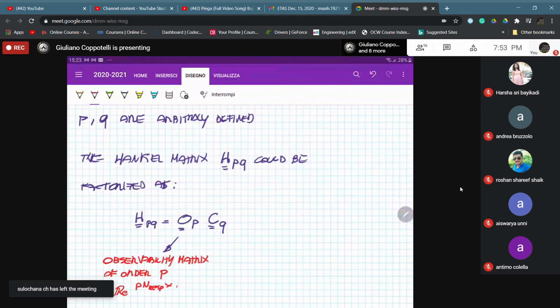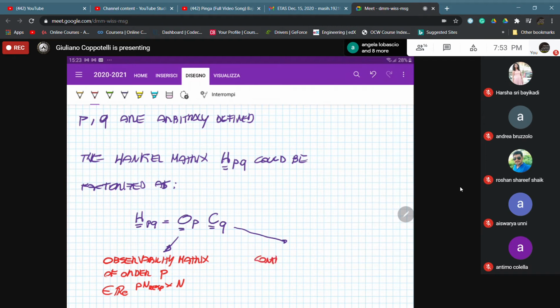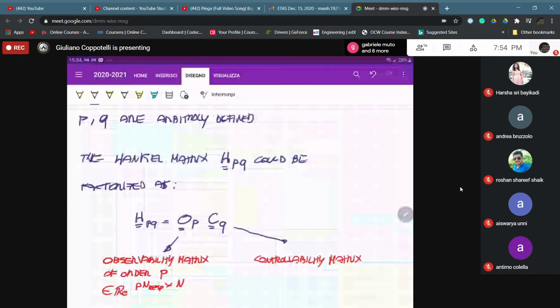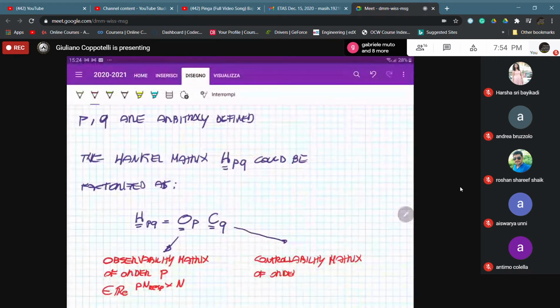Okay, and the CQ matrix is your controllability matrix of order Q, and once again it is a real matrix.